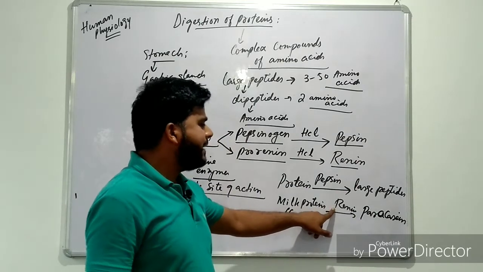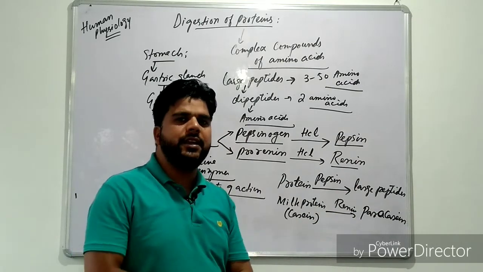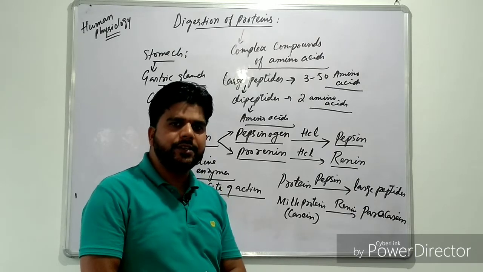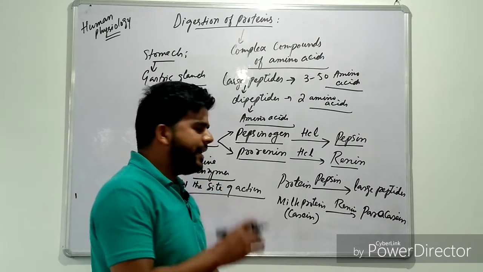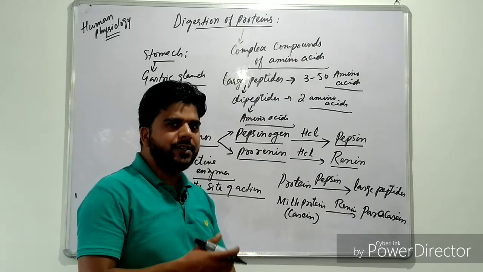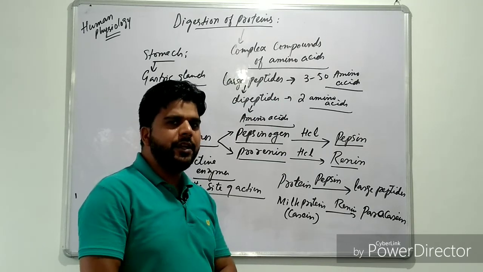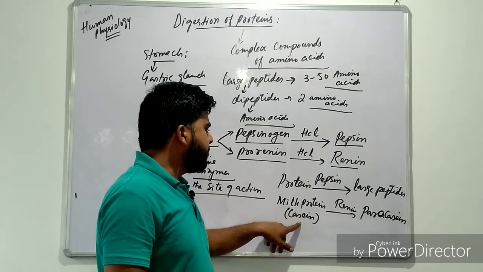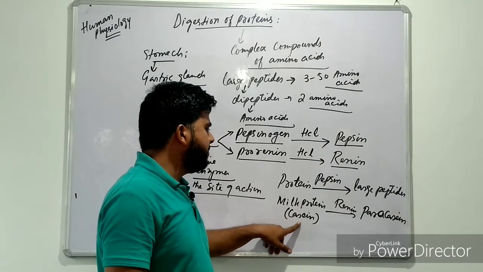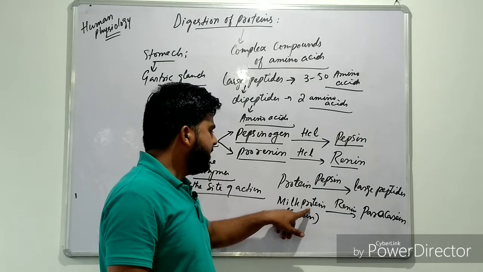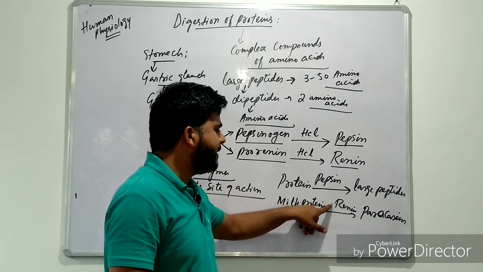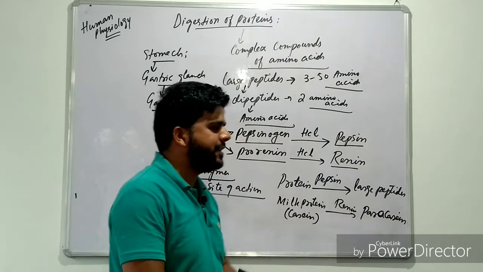But this renin enzyme is only present in the stomach of the kids, infants. It's absent in the adults, because in the adults the milk protein is digested by the pepsin. So this casein protein is only found in the stomach of the infants, and in the stomach of the infant this casein protein is acted upon by the renin and converts it into paracasein.